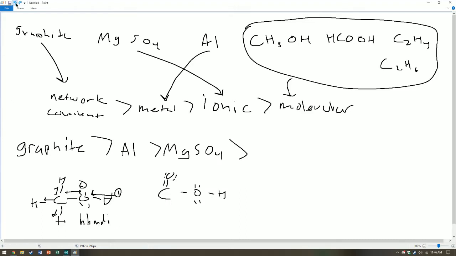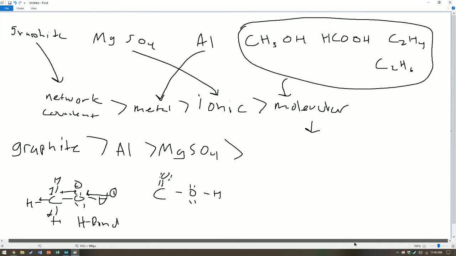Whoops, I did a really bad job spelling that. So that has H bonds, right? And I know that for molecular substances, I can break this down even further. Here I need some more space.